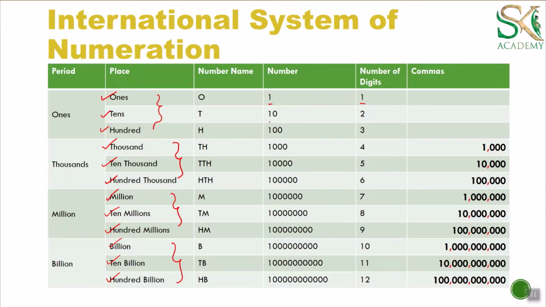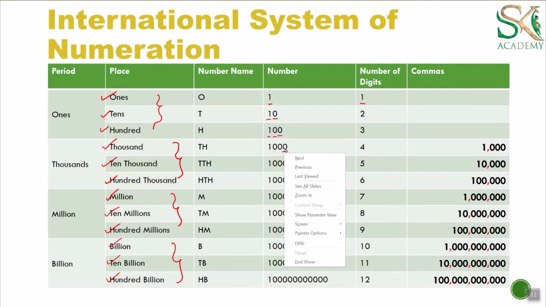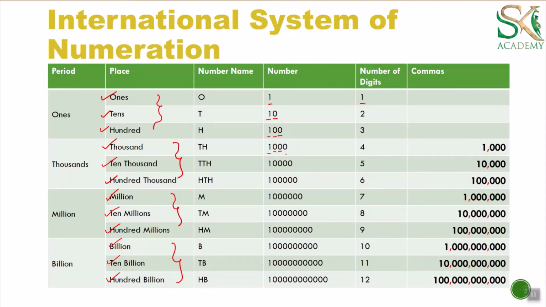Two digits are ones, tens. The third digit is hundreds. Four digits: ones, tens, hundreds, thousands. Five digits: ones, tens, hundreds, thousands, 10,000s. Similarly 100,000: ones, tens, hundreds, thousands, 10,000, 100,000.